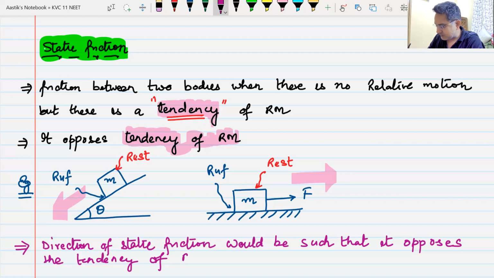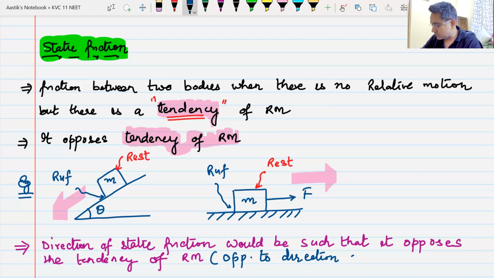When I say it opposes the tendency of relative motion, you can also understand it in this way: it will be opposite to the direction of the tendency of relative motion. Do we understand the meaning? There is no relative motion happening, so I cannot say that it will be opposite to the relative motion. It will be opposite to the tendency of relative motion.